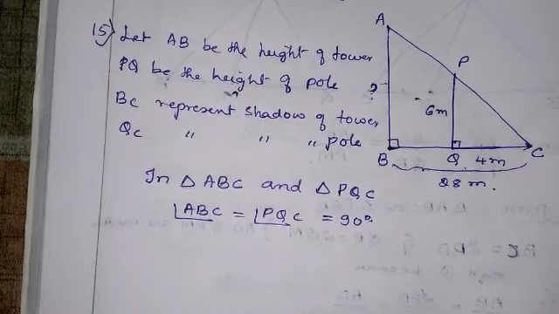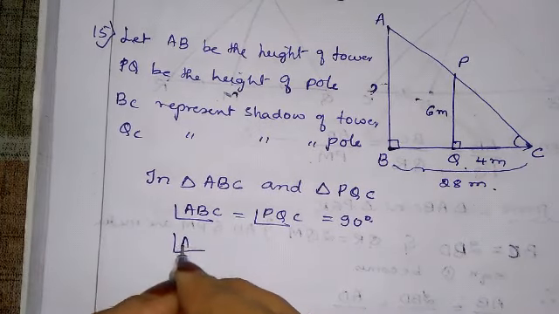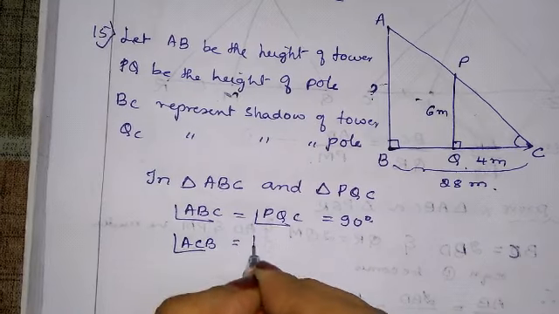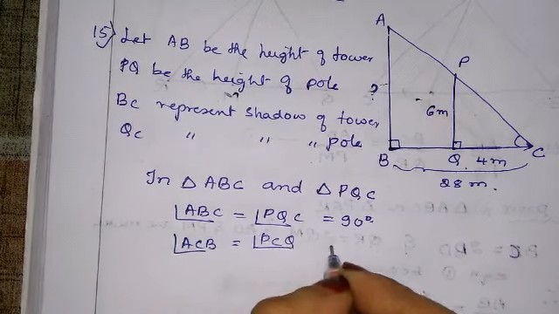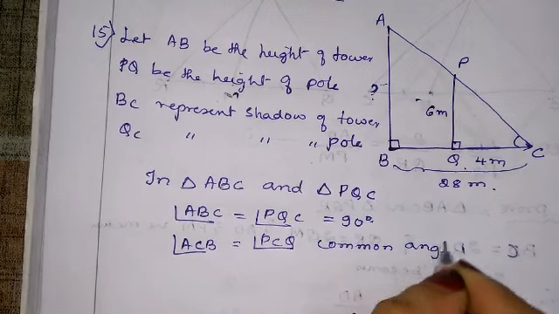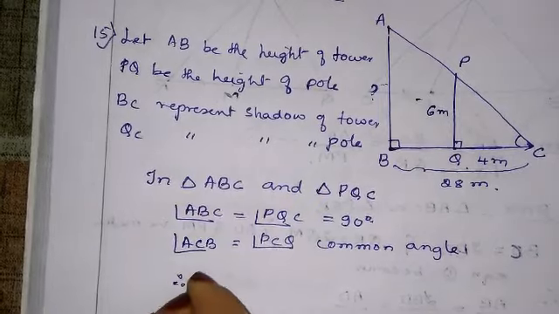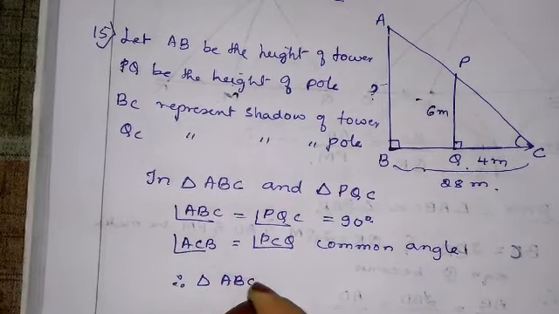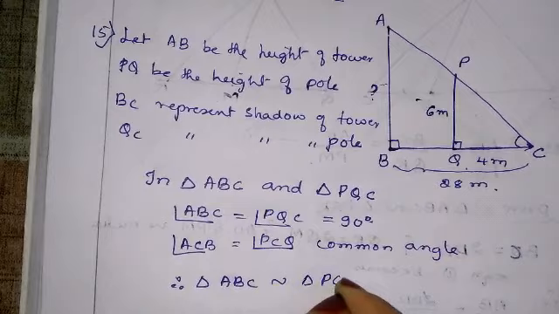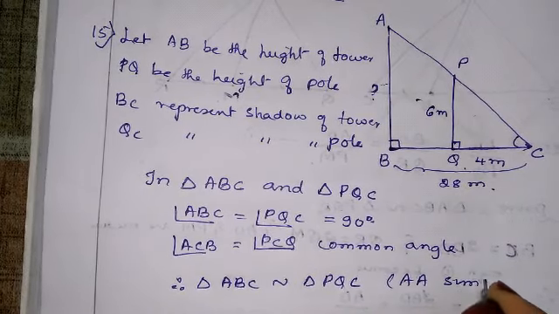And one more thing, angle C is common in both. Angle ACB is equal to angle PCQ, common angle. When two angles are equal, the triangles are similar by AA similarity.